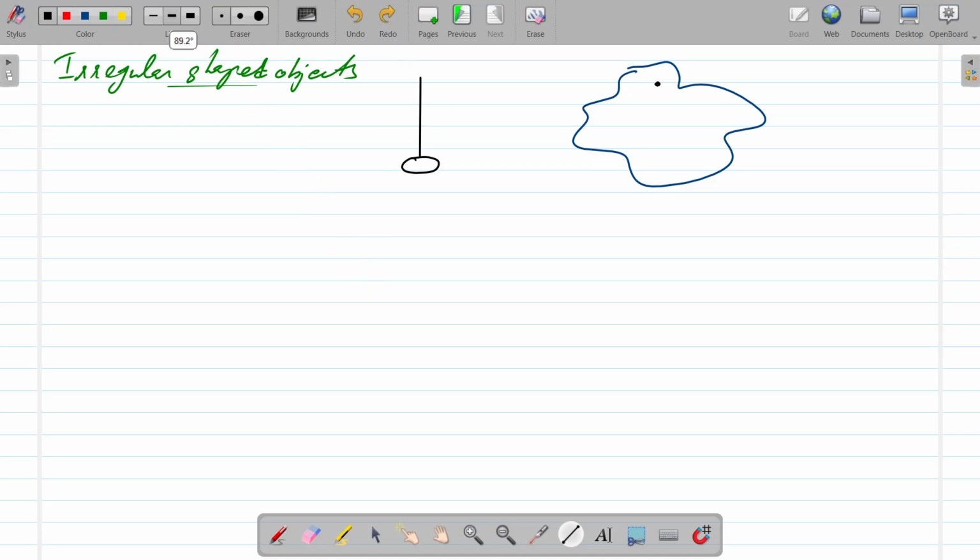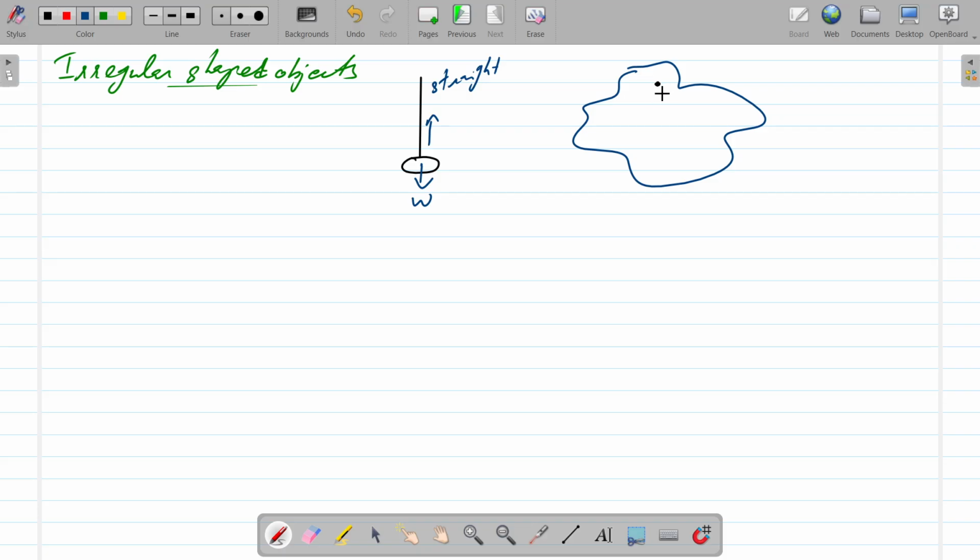Because gravity is pulling down on the weight, there will be a reverse pull on the string, and that will keep the string absolutely straight.